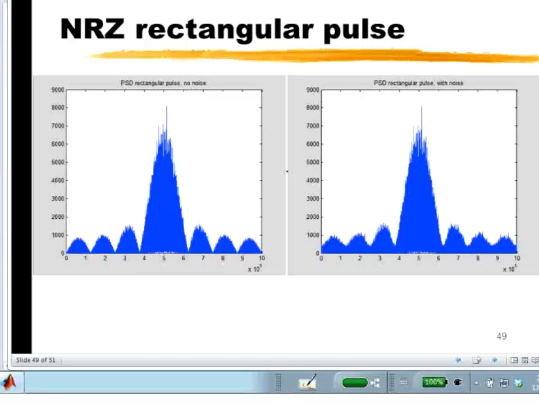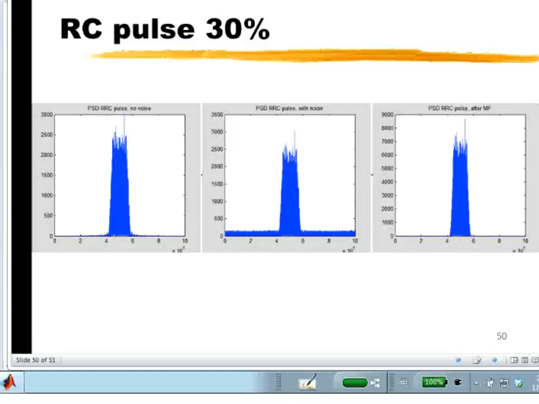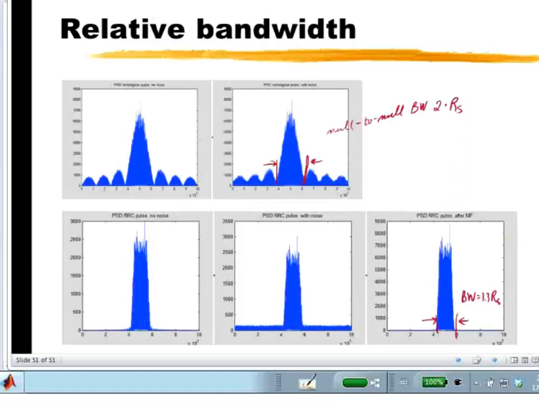This is the spectral density of the pulse, and on the left there's no noise, on the right there is noise, and then if I fix the transmission rate, but instead of using a rectangular pulse, I use instead an RC pulse with a 30% roll-off factor, I can see the new shape here, which is much more spectrally efficient and does a much better job at rejecting noise.